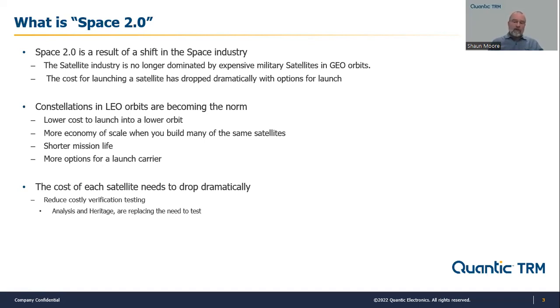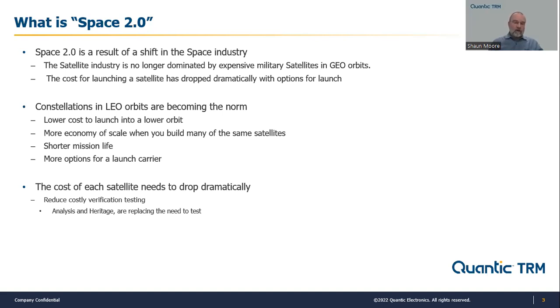We're now launching in constellations, so that if we happen to lose functionality on 1 or 2 satellites in a constellation, it's not a showstopper. These constellations typically have a shorter mission life. So therefore, the opportunity to go through with some lesser cost solutions certainly becomes financially advantageous. And that's the main thrust of Space 2.0.